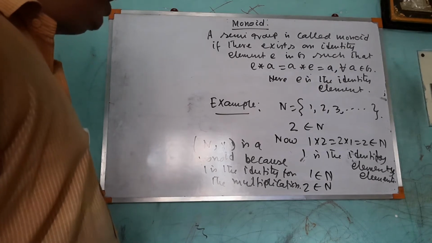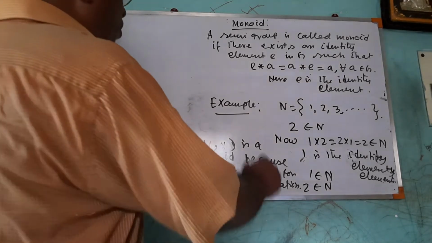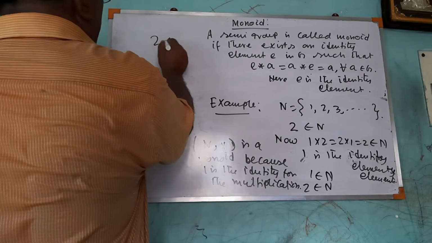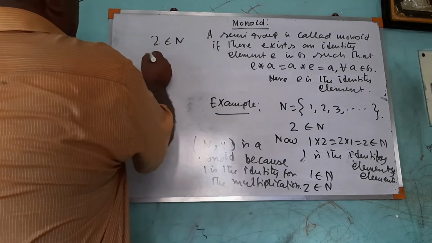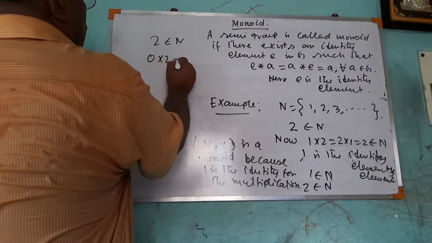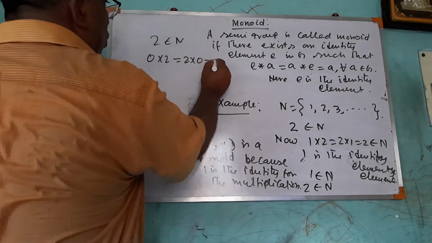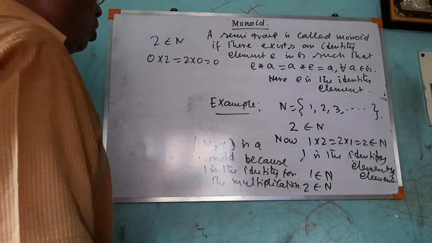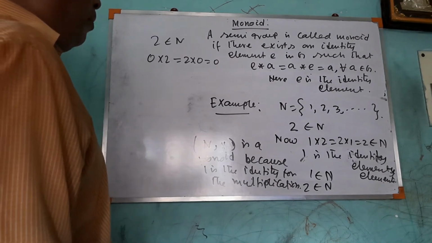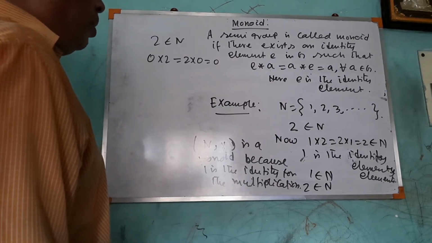Now suppose you are taking 2 belongs to N. We can say 0 into 2 is equal to 2 into 0, that comes 0. Could we say 0 is the identity element?